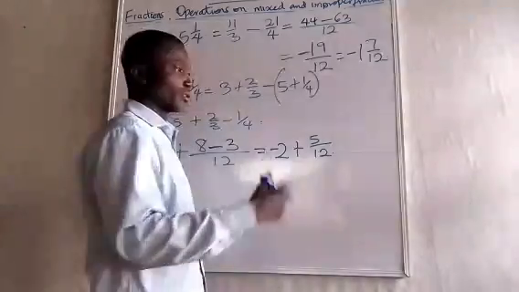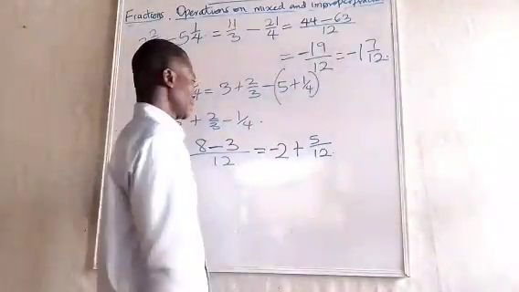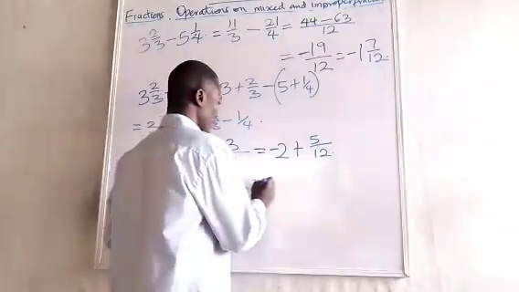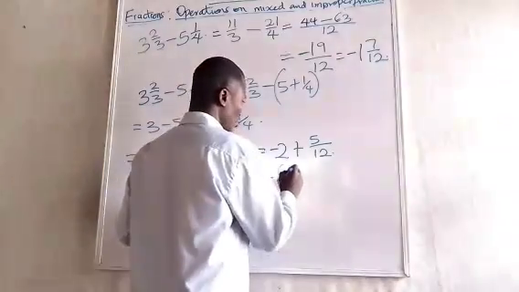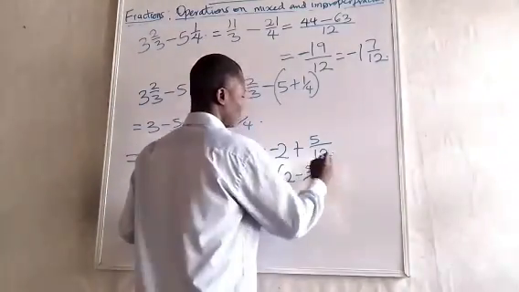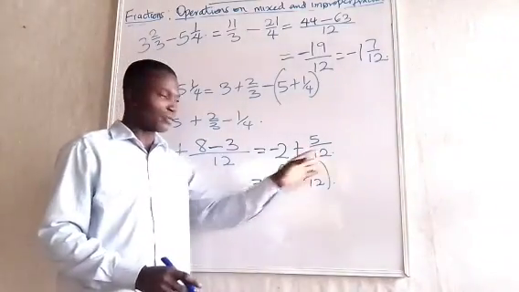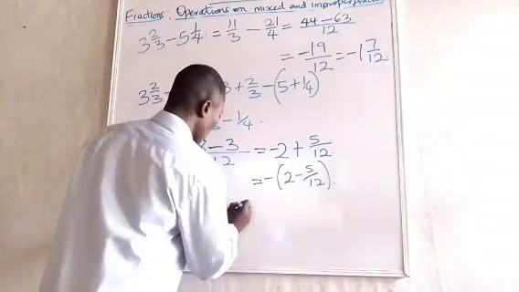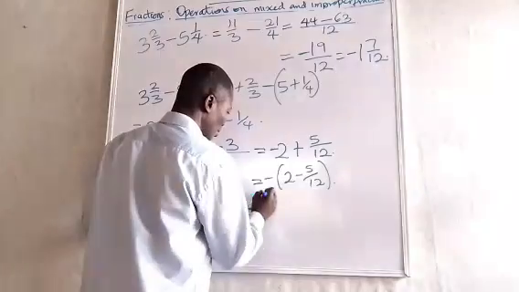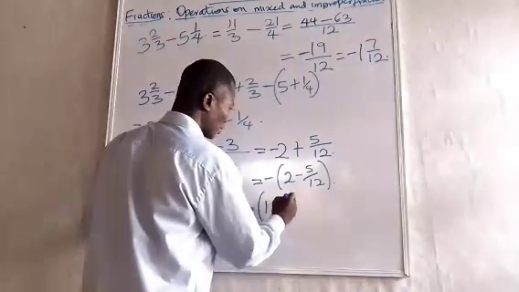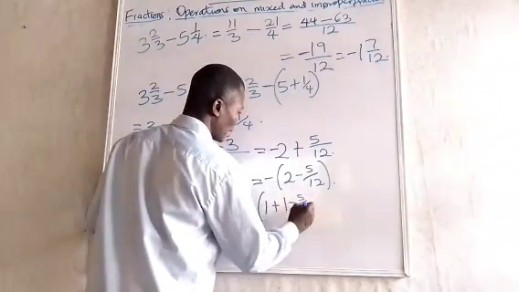In the other instance, I told you to break it into 1, 1. Remember? So this one will now be minus into 2 minus 5 over 12. I think this is the easiest way to look at it. Put minus there. 2 minus 5 over 12. Easiest way. So it's now going to give you minus into 1 plus 1 minus 5 over 12.